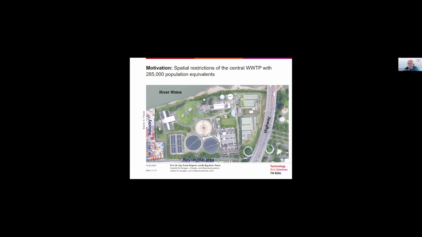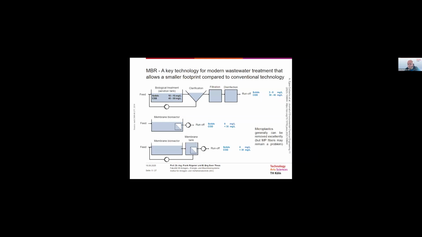So if the scenario should work, we have to do major changes of the respective technology. And here membrane bioreactors come into discussion. When we have a look at this rough scheme of a wastewater treatment plant, you can see that the traditional way is biological treatment, clarification, filtration, and disinfection.